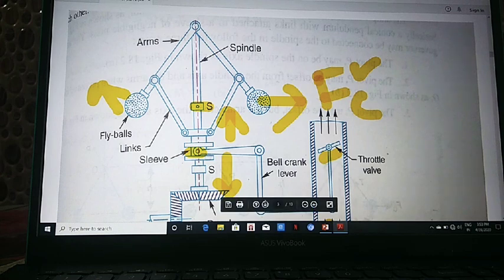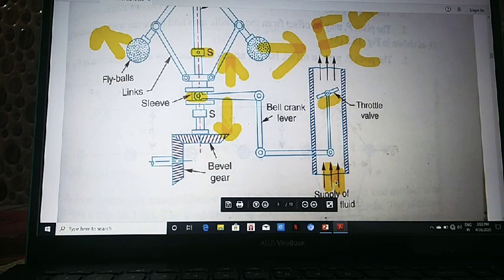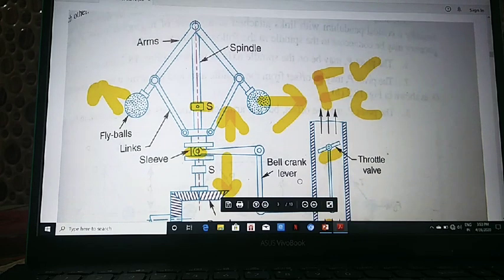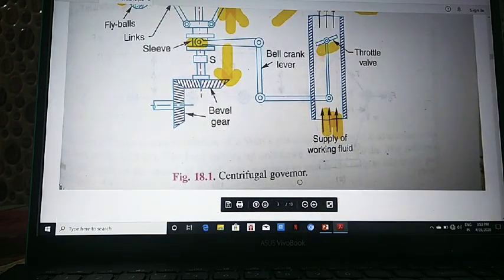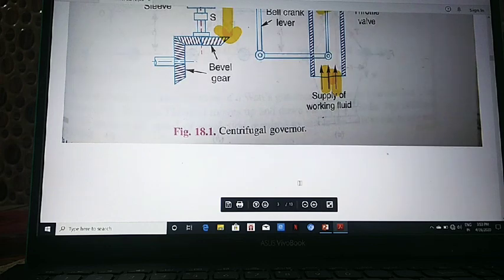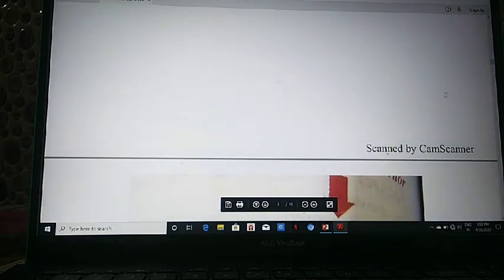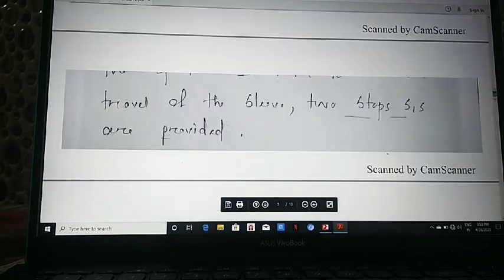The upward movement of the sleeve will close the throttle valve, and the fuel supply will be cut off, so that the speed will decrease to the design limit. So in this way, the speed is controlled in a centrifugal governor.